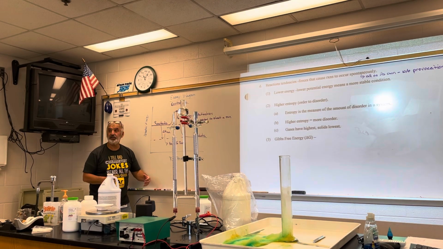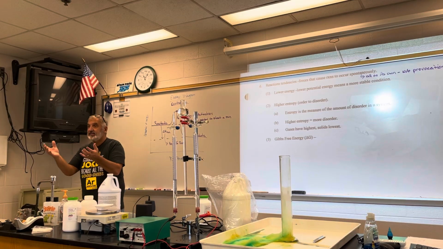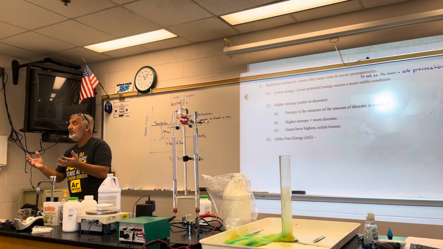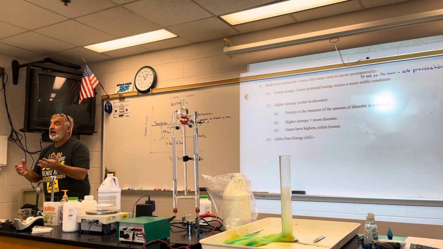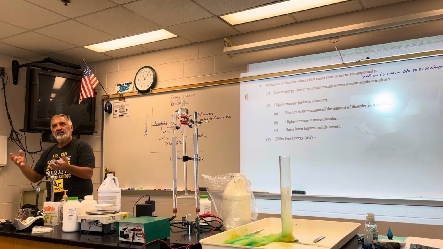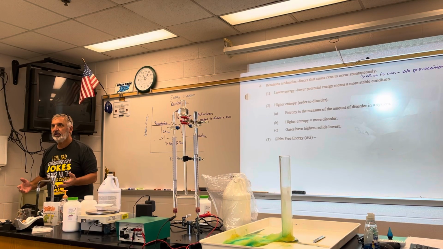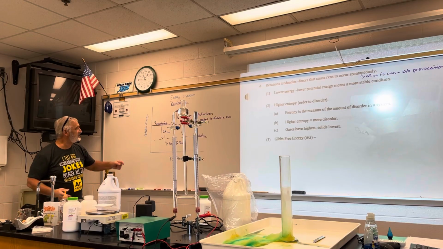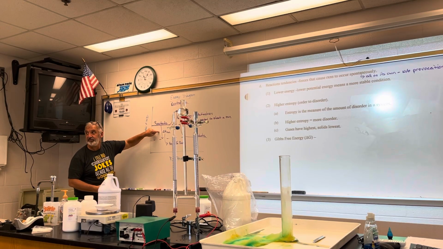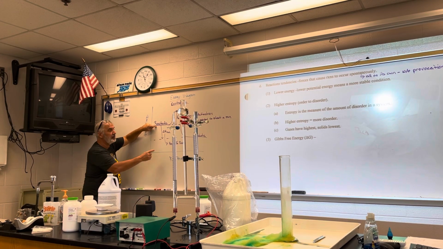If I have an exothermic reaction, that means the products had less energy than the reactants. Well, if that energy was released, where did it go? To the air. This energy right here, that's your fire. That's the heat and the light, the fire that we see being given off, the difference in energy between the two.